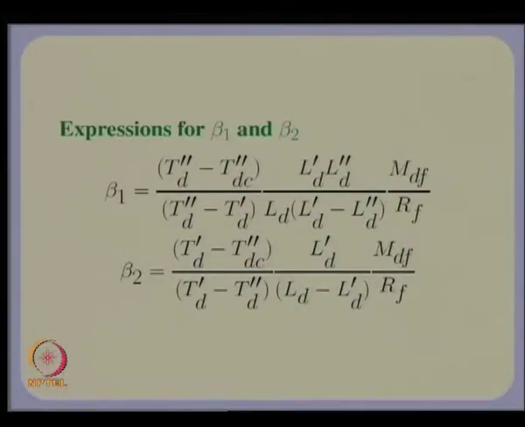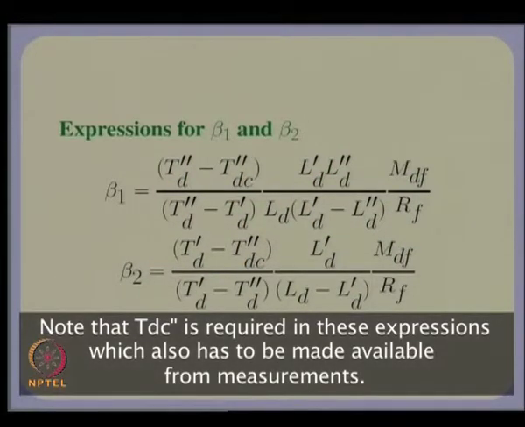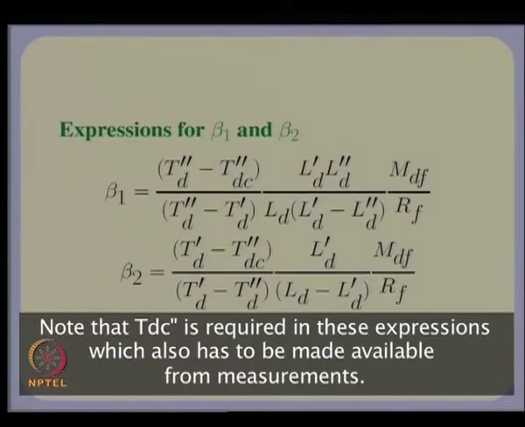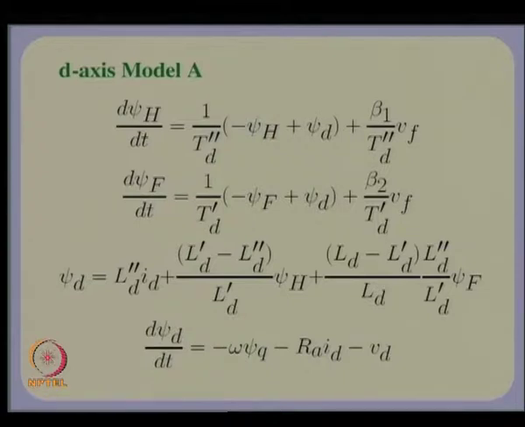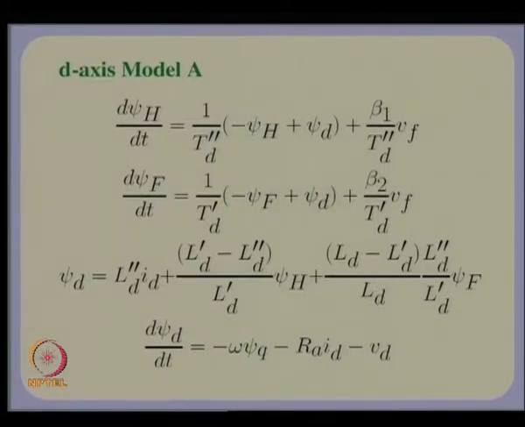Now, beta 1 and beta 2 of course are rather complicated expressions. This is something you can verify at leisure, so I state it without proof. This is directly a d axis model.